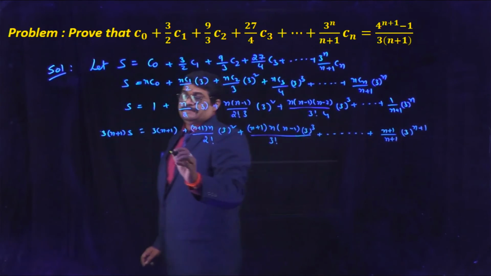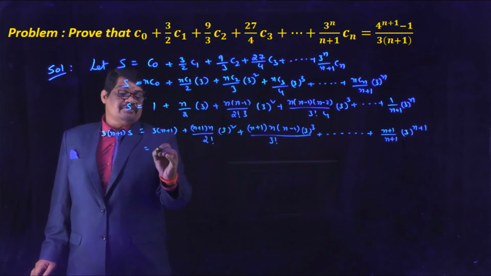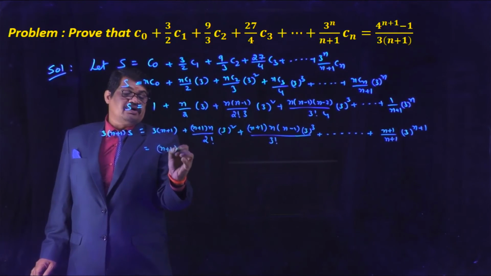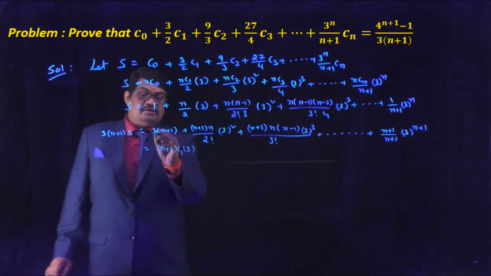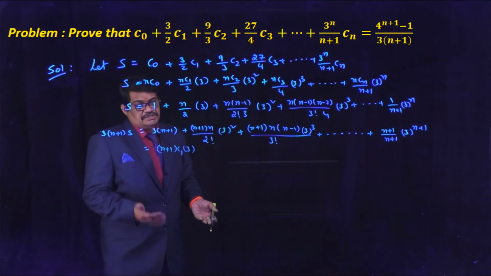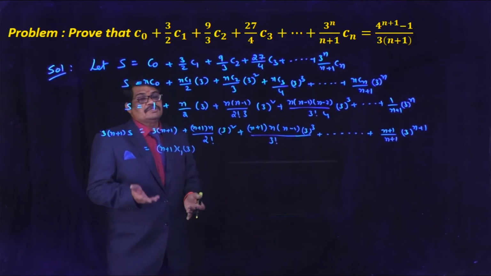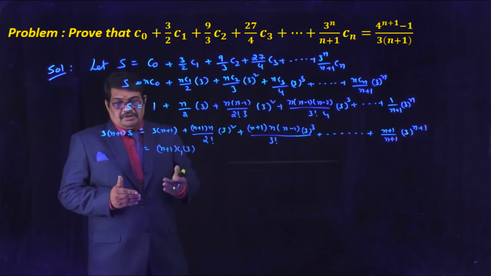Okay, this n plus 1 can be written as n plus 1 c1 into 3. Okay, n plus 1 c1, that is nothing but n plus 1, n c1 is nothing but n. So here also n plus 1 c1 is n plus 1.